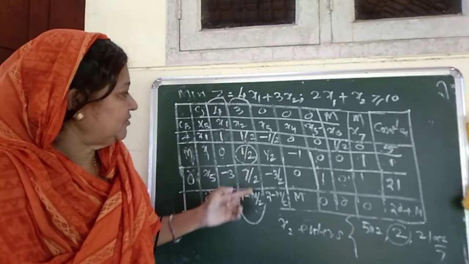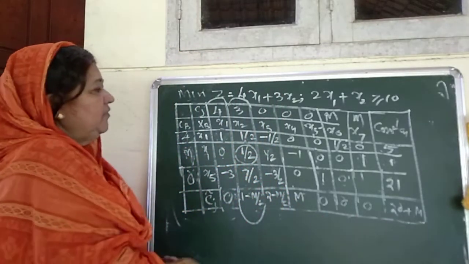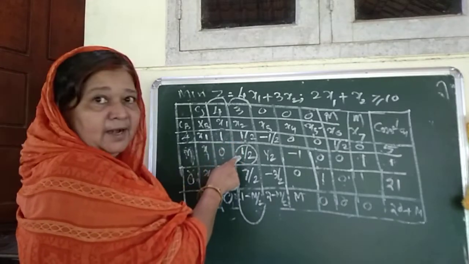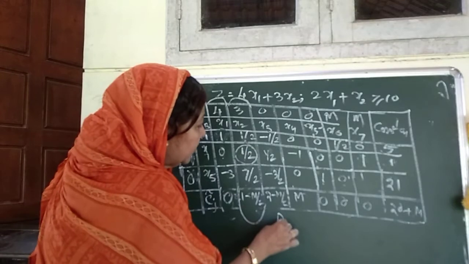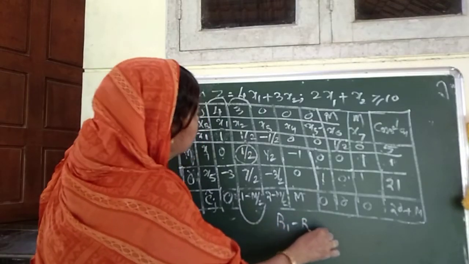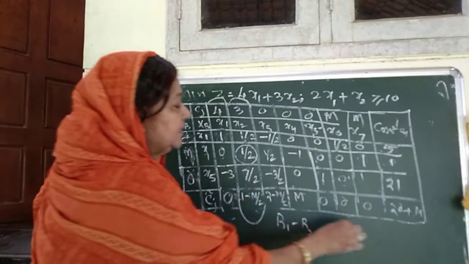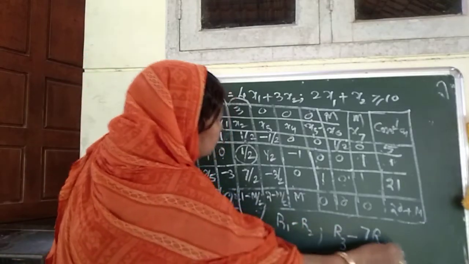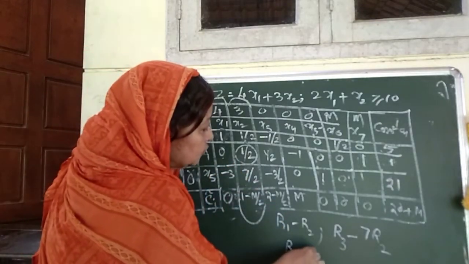According to that, we have to find the pivot operations. What is the pivot operation? We have to make this as 1 and these two are 0. For that, we have R1 minus R2 and R3 minus 7 R2 and also R2 into 2.